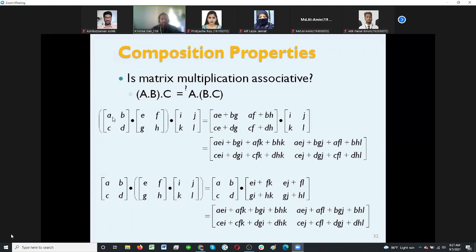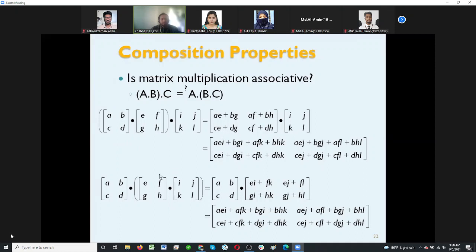This one is AF plus BH, and CF plus DH. Now this one we do with the C, and finally we get this one.